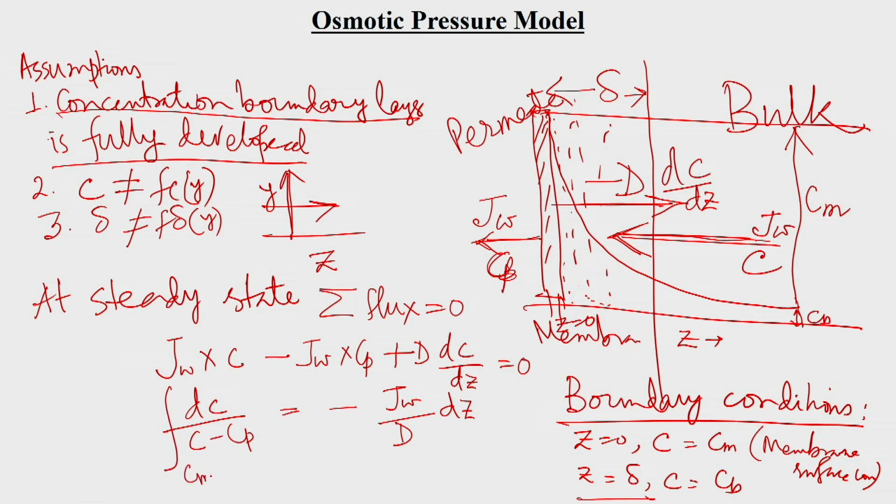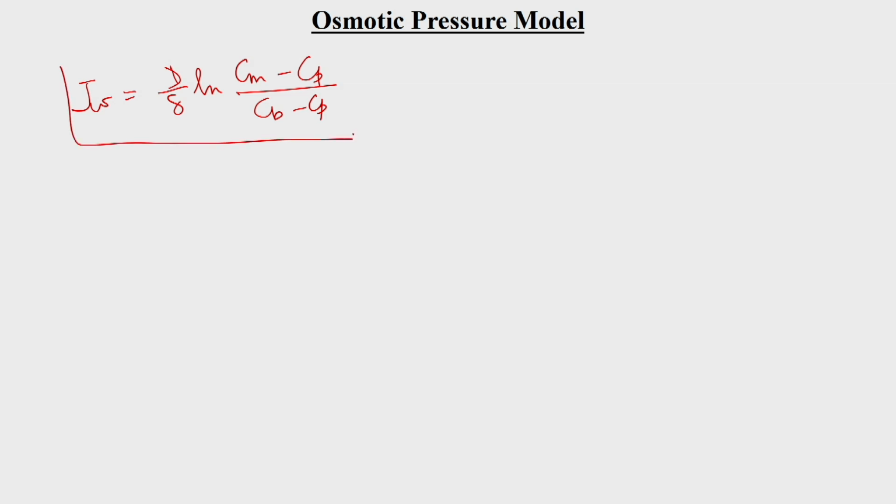Now, we will be integrating this from Cm to Cb, and z from 0 to delta. After integration we will be getting Jw equal to D by delta into ln of (Cm minus Cp) divided by (Cb minus Cp). So, we are getting that just by integrating the previous equation.